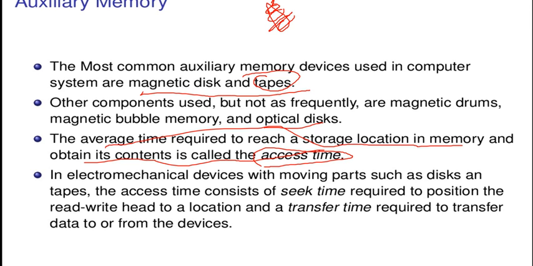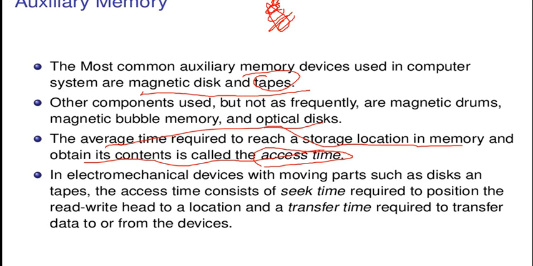So these heads have moving arms, they can move over the disk, and the disks are rotating. So if you want to read something from the disk, then the head should be on a particular track, and the particular sector should come under the head at the time when we have to start reading.